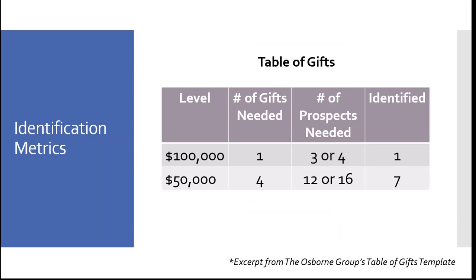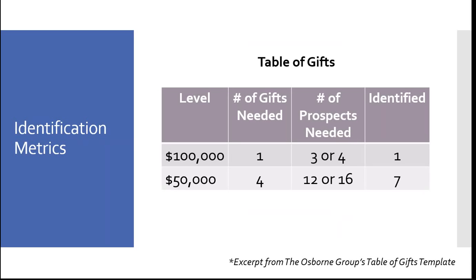So let's start with identification. There are a lot of different things that we could measure when it comes to identification. There's a lot of really great research out there around new donor acquisition. I think there's definitely some cool things to look at, benchmarking yourself against some national trends as it relates to acquisition.